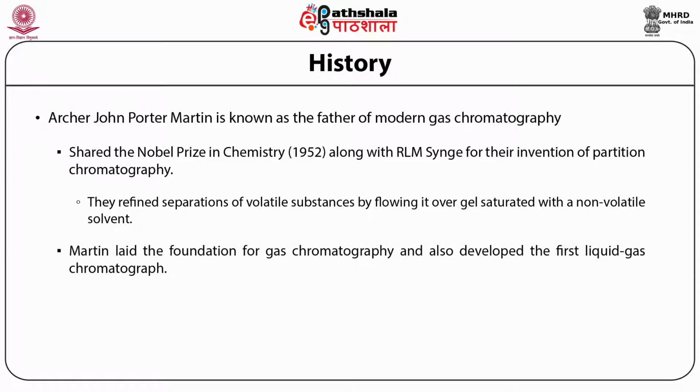Martin laid the foundation for gas chromatography and also developed the first gas-liquid chromatograph. He developed a more versatile detector, the gas density balance, the output of which was linearly related to solute vapor density and its molecular weight.